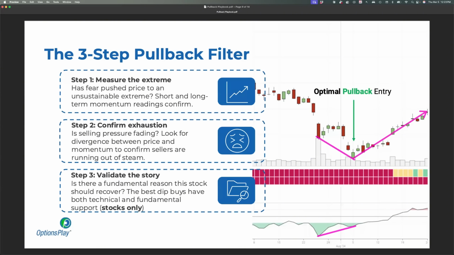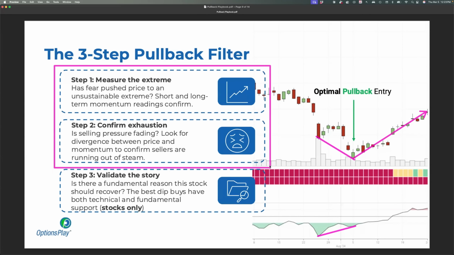And those two things alone will give you 95% of the work when it comes to measuring this type of price extreme.